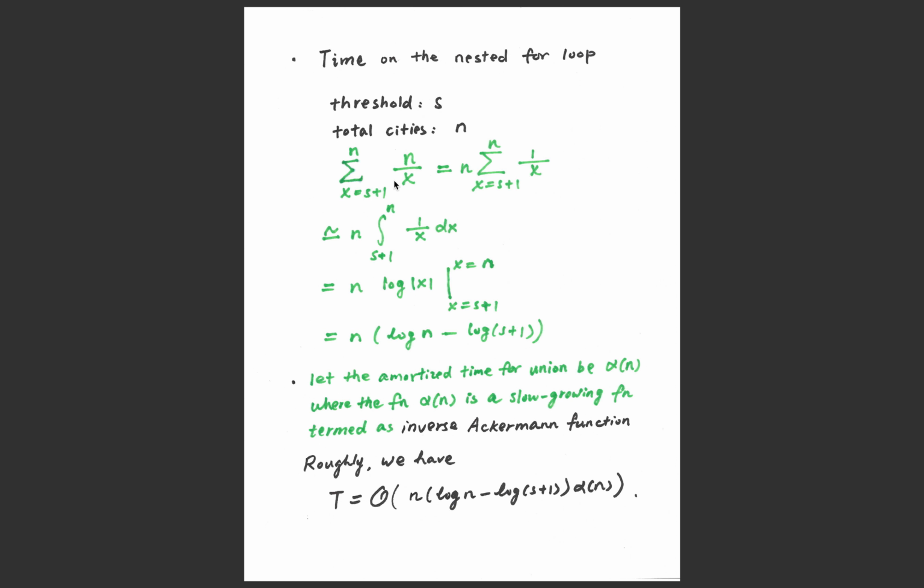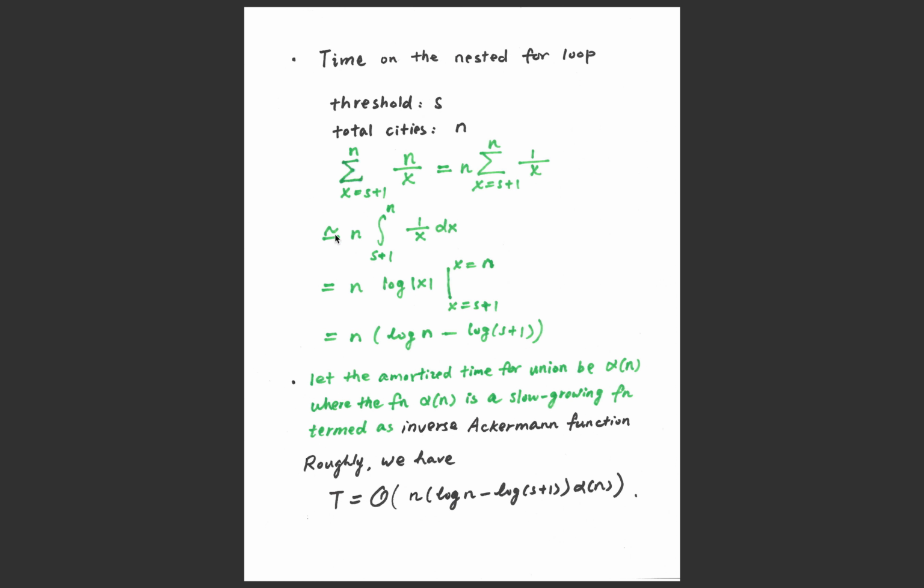In the inner loop, we iterate with the step x. So basically, we are doing n over x steps, and in the outer for loop, we check the threshold value from s plus 1 to n. So this summation is the number of union operations we actually do in the process. If we put the n outside the summation symbol, we have n times the summation over 1 over x.